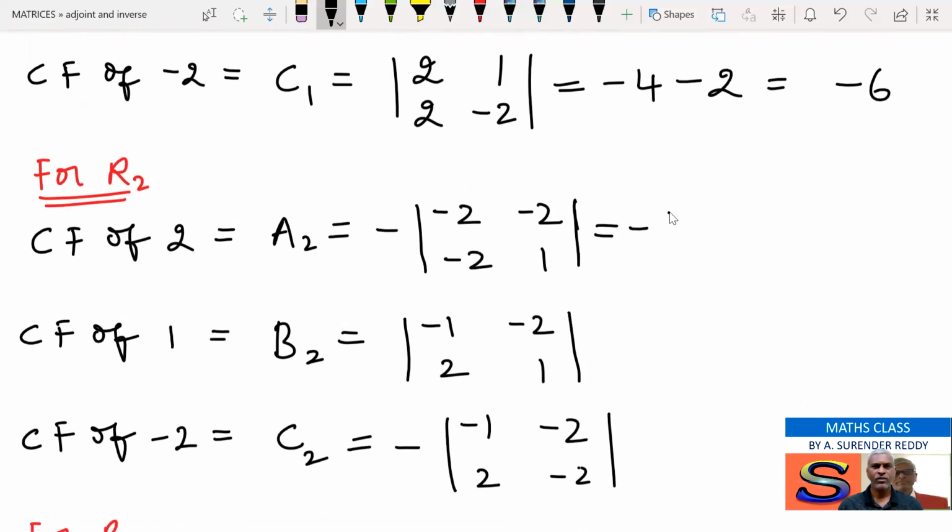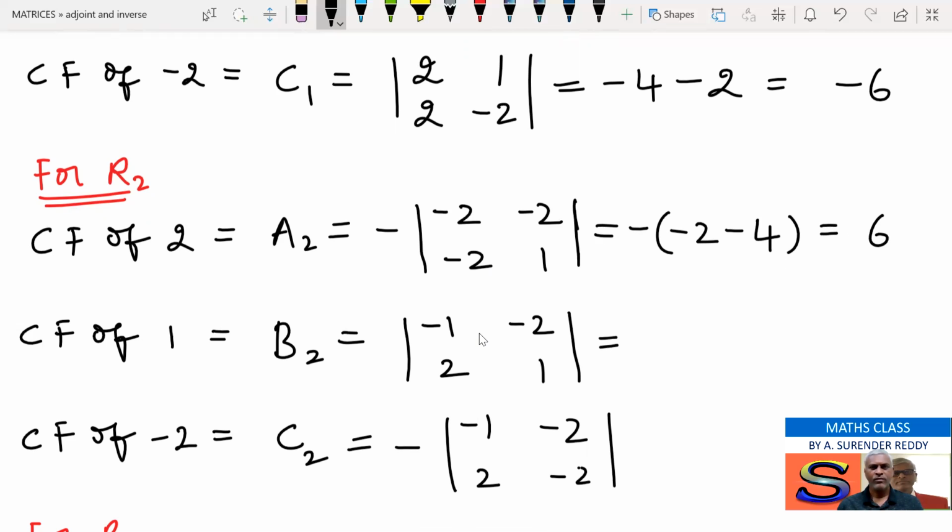Minus of -2 into 1, -2 into -2 is plus 4. So -6 into minus, this becomes +6.